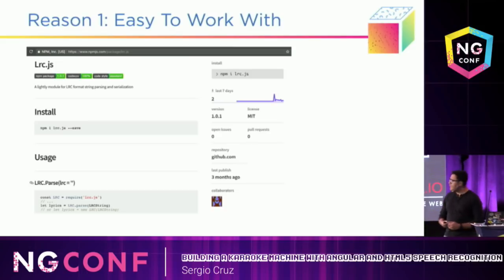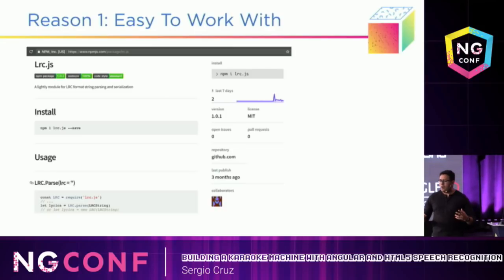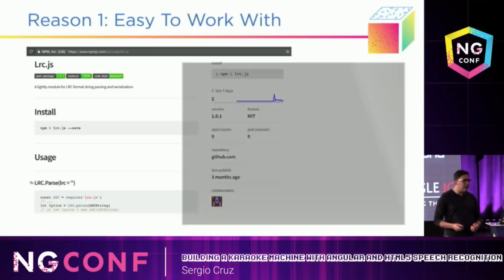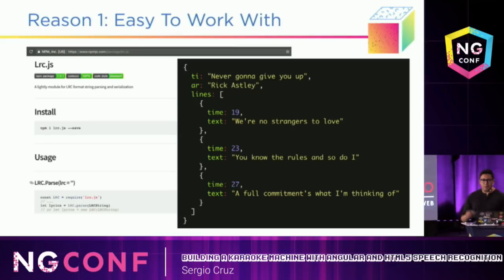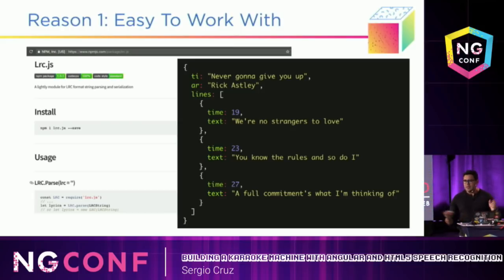So I went on NPM, found this little project called lrc.js, and that project allows us to parse that text file that you saw into this JSON-looking format. It has a lines array. Within that lines array, we have items with 2 properties. The first one is time. That time property is a number, and it's in seconds. And then the second one is the text that's supposed to show up at that second.